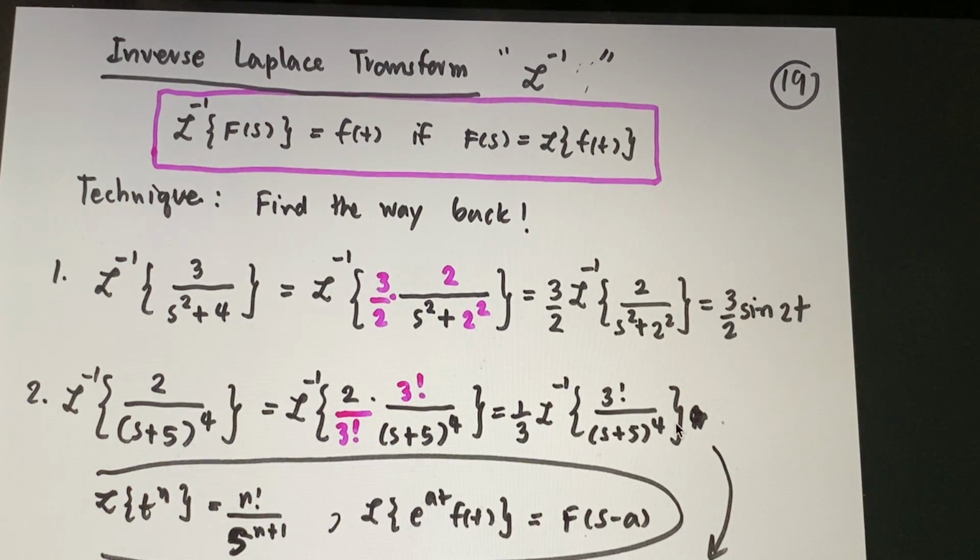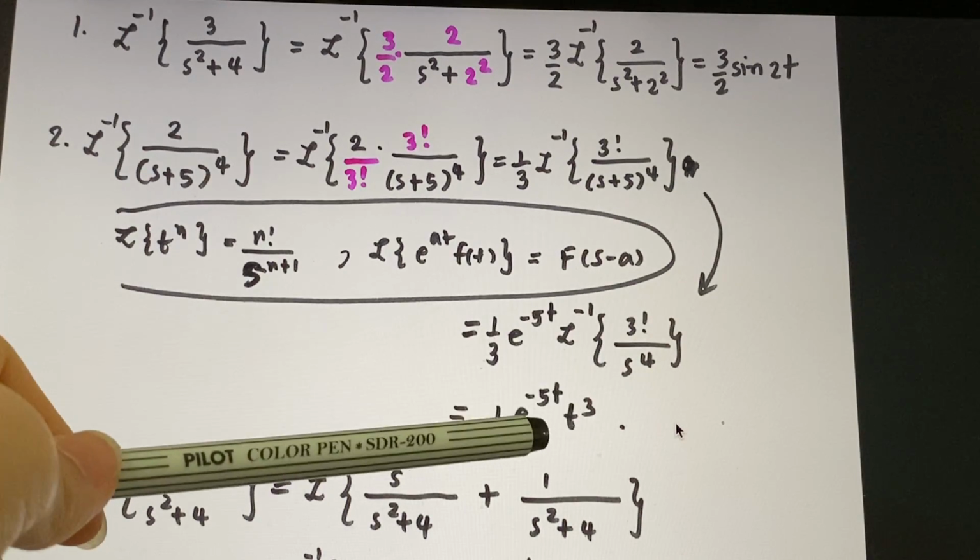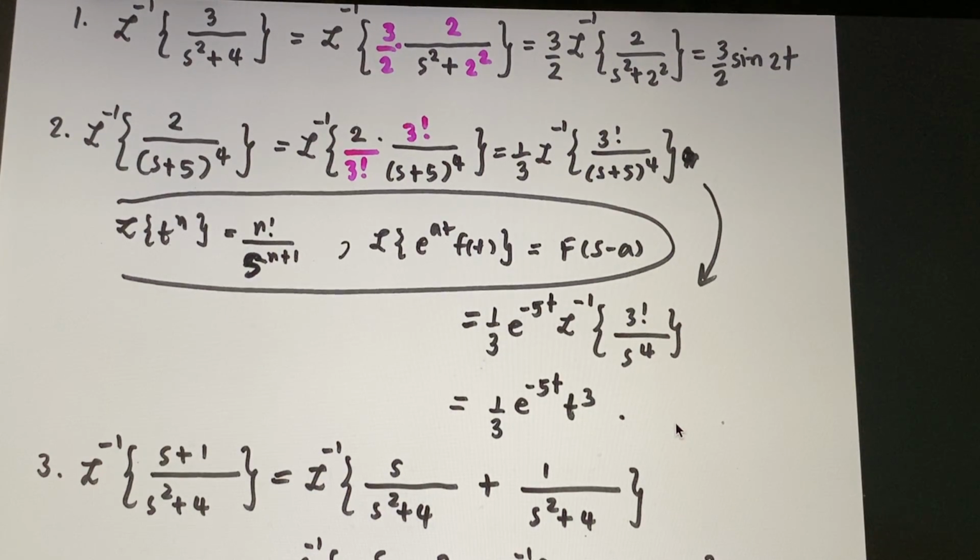To have this, you need to get e to the negative 5t, right? And then times inverse Laplace of 3 factorial divided by s to the 4th, which is t cubed. And then you multiply with the shifting e to the negative 5t.